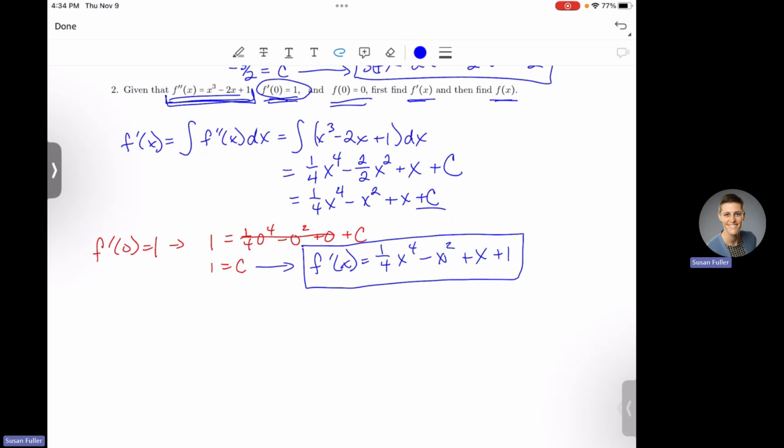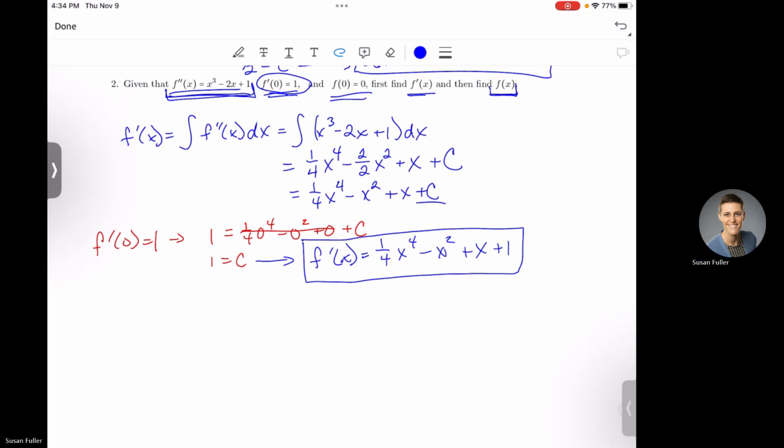And then we're going to repeat that process to find my original, because my first derivative is the derivative of my original. My original is the antiderivative of my first derivative. And so we're going to integrate what we just found for our first derivative. And we'll apply our power rules. We've got this.